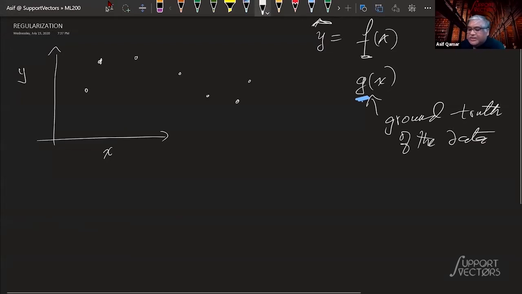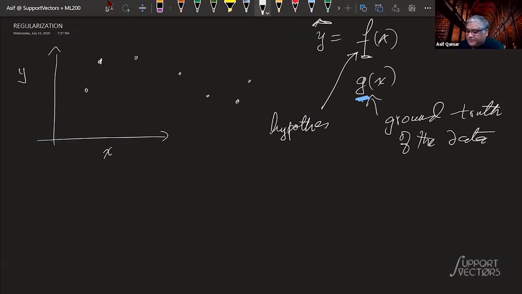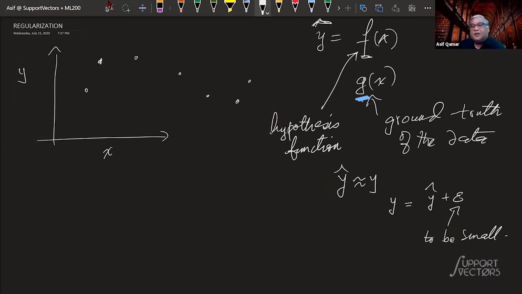Going back to the basics, you're going to pick a hypothesis function such that Y hat is approximately Y for most values. In other words, the real value Y is Y hat plus some error, and you want this error to be small. A good model is one that makes fairly accurate predictions, close to the real values of Y.